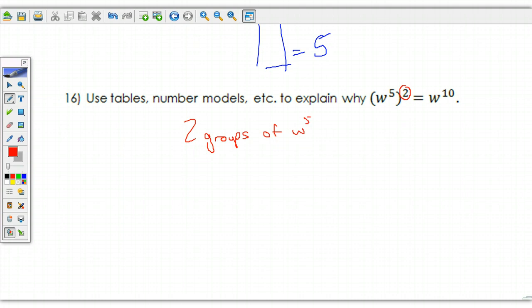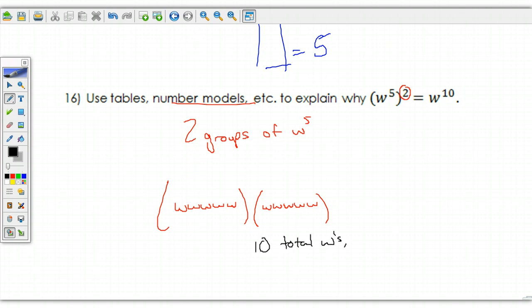So since we have 2 groups of w to the fifth, we can write out that there are 5 w's in the first group, and then that there are 5 w's in the second group. And if we count out the total number of w's, since we're all multiplying these out, we can get rid of the parentheses and not think about it. We have a total of 10 w's. So that explains why the answer is w to the 10th.